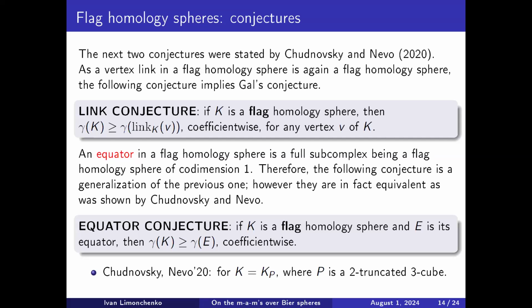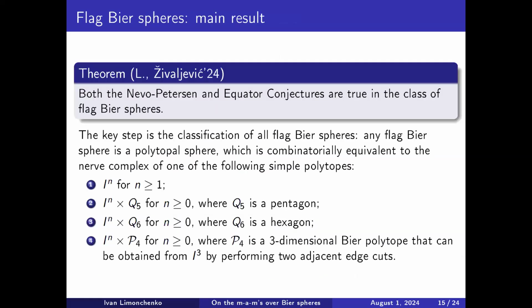That's what we knew until now, and our result with Professor Ziegler is that both the Nevo-Petersen and equator conjectures are true for flag Bier spheres. This is proved, and the key step in this proof is the classification of all flag Bier spheres. It actually turns out that all flag Bier spheres are polytopal spheres, and there are not so many of them.